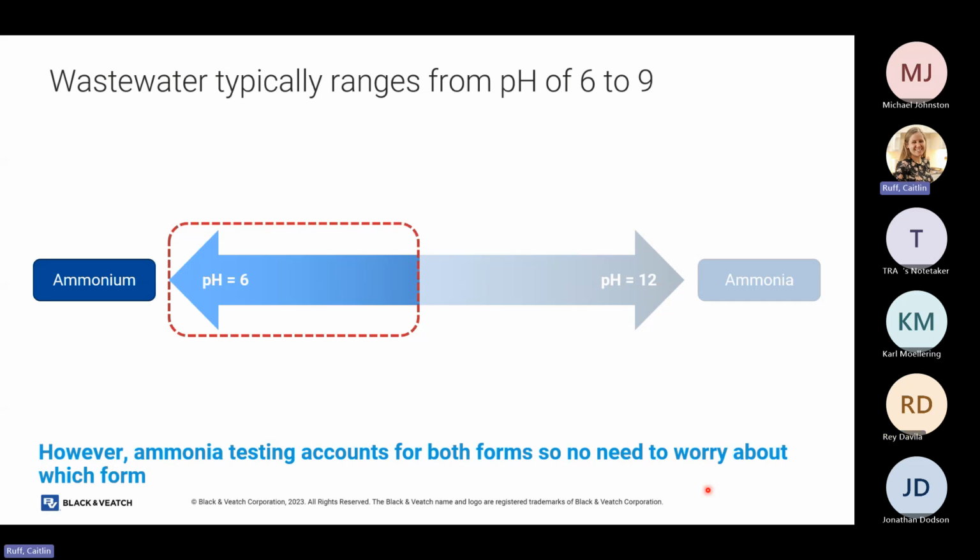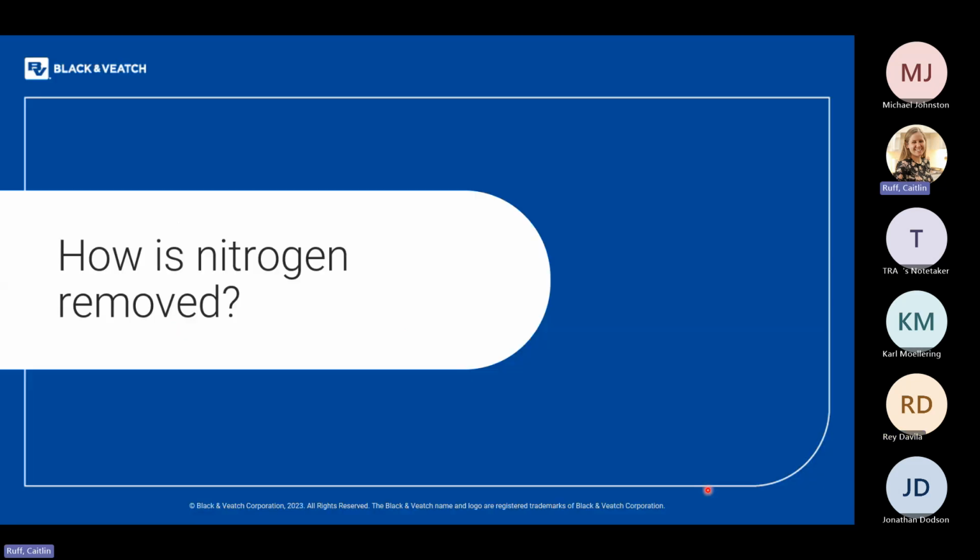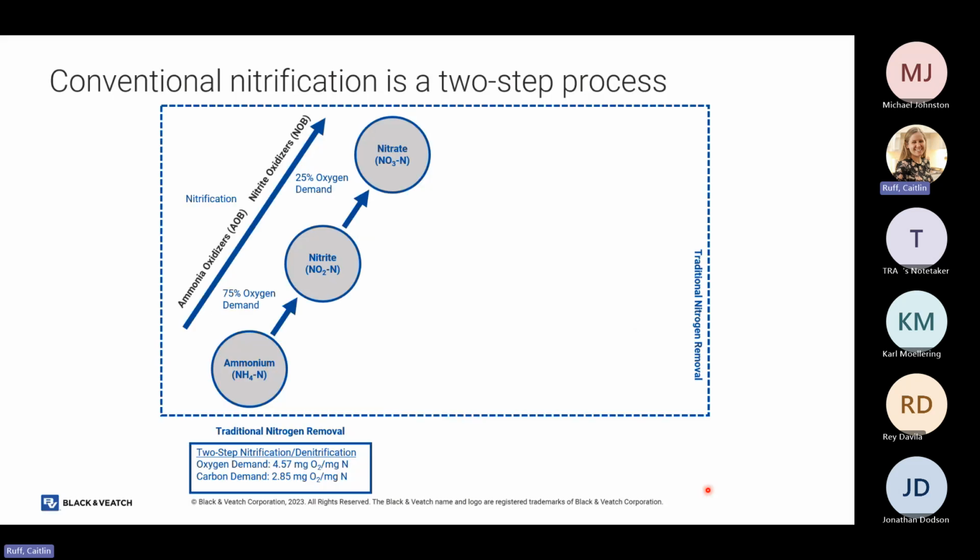Cool. And then we're going to get into the next part, which is, how is nitrogen removed? Conventional nitrification is a critical microbial process that happens during biological treatment, where we're taking the oxidation of ammonium to nitrite, and nitrite to nitrate, in a two-step process.